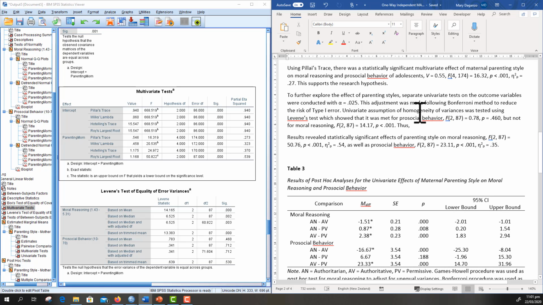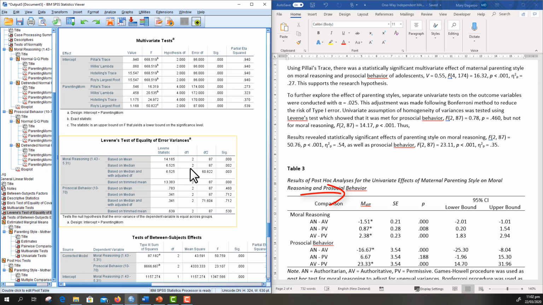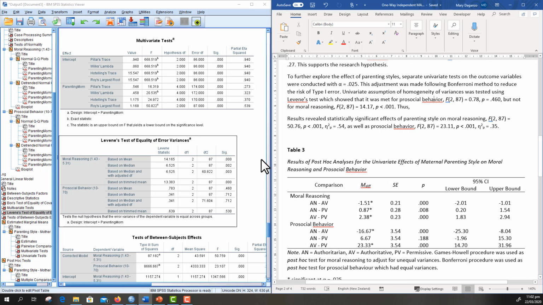And then you proceed with reporting the result of the assumption of homogeneity of variances. Remember that this Levene's test here that we see is for the univariate statistic. That's why we're reporting it here when we report the univariate result. Okay. And just like in a regular ANOVA, we have the Levene's test F and the corresponding p-value.